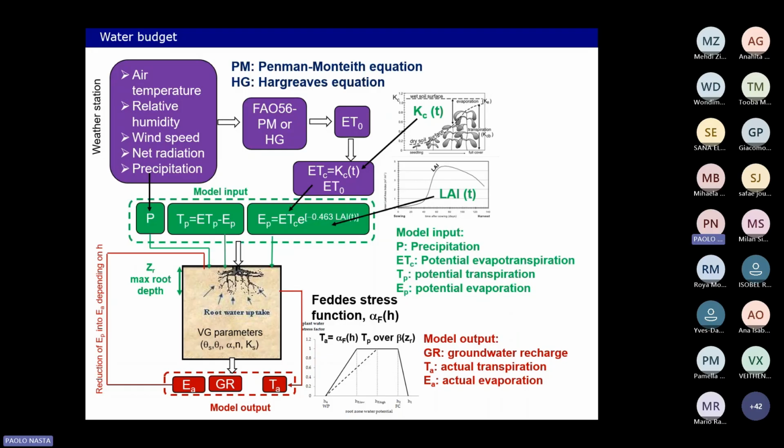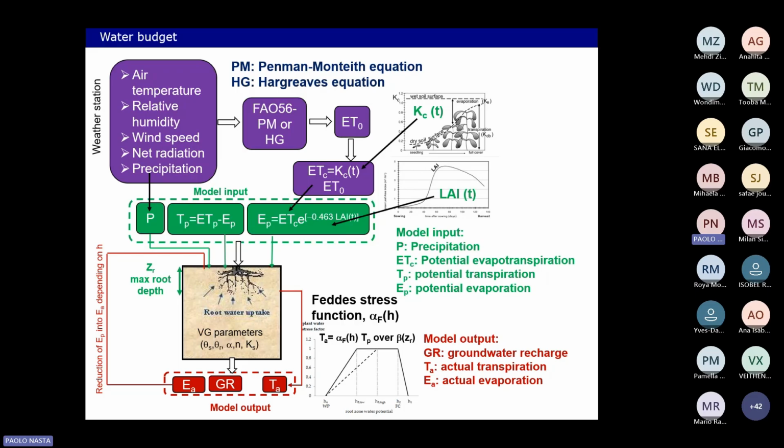If you are under data scarcity conditions and you have only the air temperature, for instance, you can resort to the Hargreaves equation, which is the temperature-based equation. Anyway, we estimate the crop reference potential evapotranspiration, the ET0, and then we must turn ET0 into crop-specific potential evapotranspiration, which is ETc, by using the crop coefficient Kc.